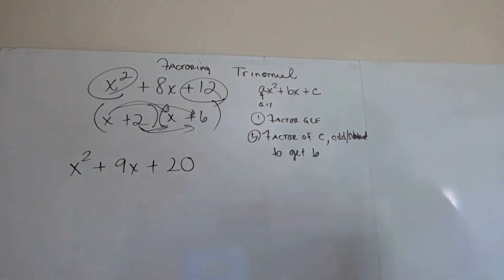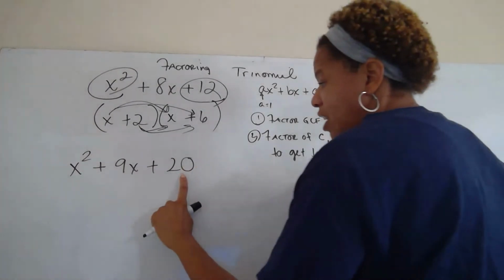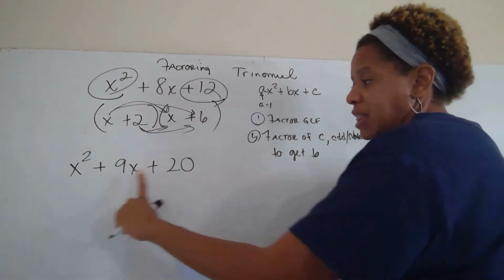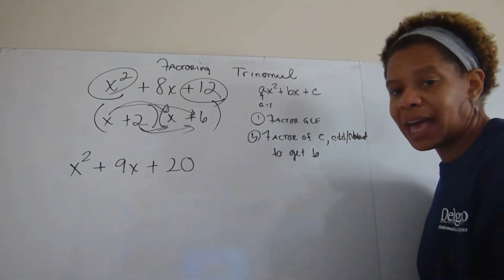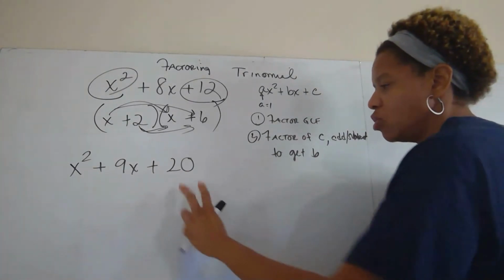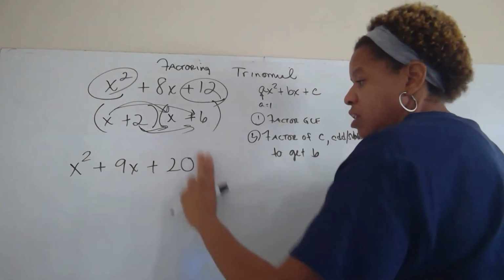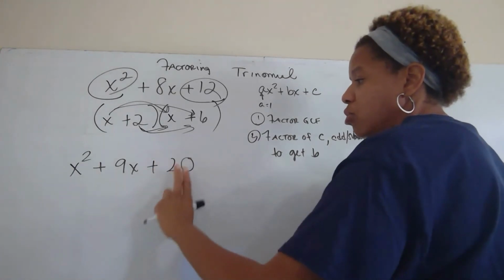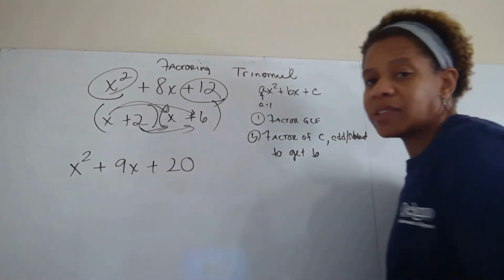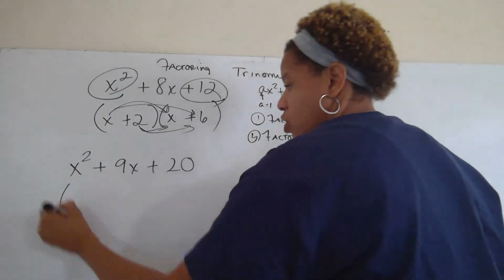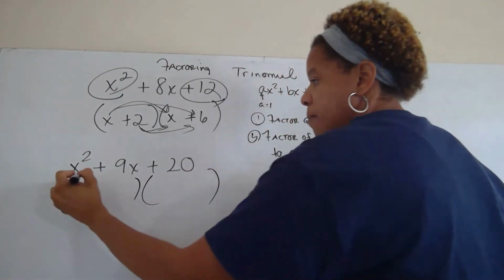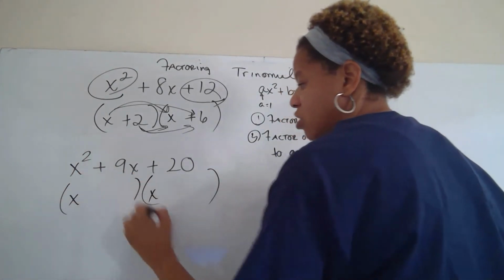X squared plus 9x plus 20. So we're looking at what? We're looking at factors of 20 that can add or subtract to create a 9. That's what you have to do. You look at the C term to see what factors you can use that would also be able to add or subtract to create the middle. So you do your two sets of parentheses. I know my first terms is just x and x.